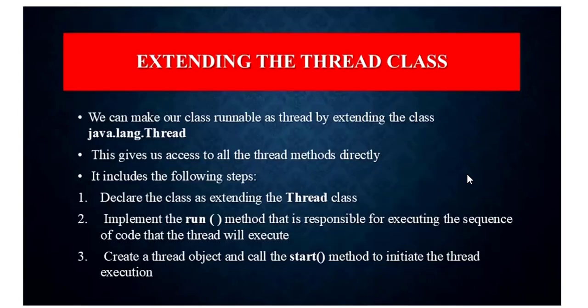Here we go. If you want to extend a thread from the Thread class, the first step is to create a class that extends the Thread class. That is the first step. Remember, the first method to create a thread is extending from the Thread class.